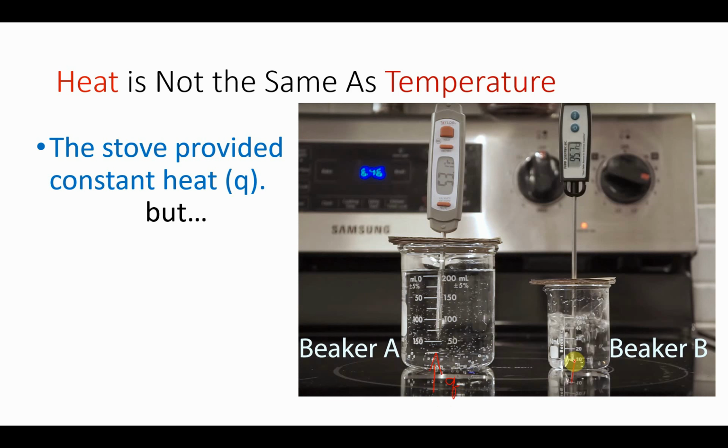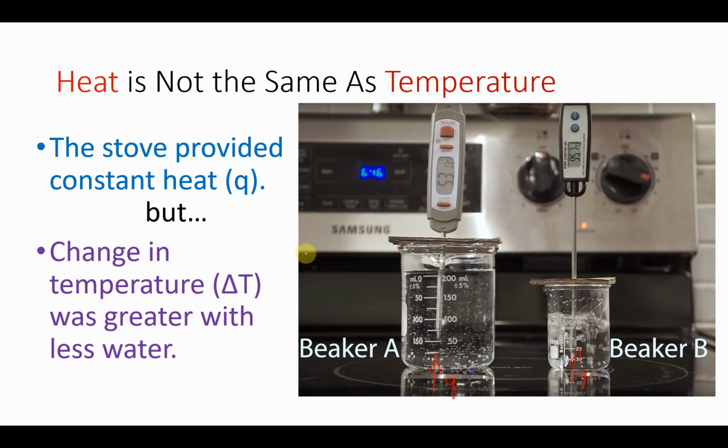It was pretty close to the same because the beakers were sitting on the same hot stove, and you can see they're both on the burner. So if we imagine that they're absorbing the same amount of heat, why was it that we saw a much greater change in temperature here? Well, obviously it's because there's a lot less material. But let's look at what's happening to the molecules.